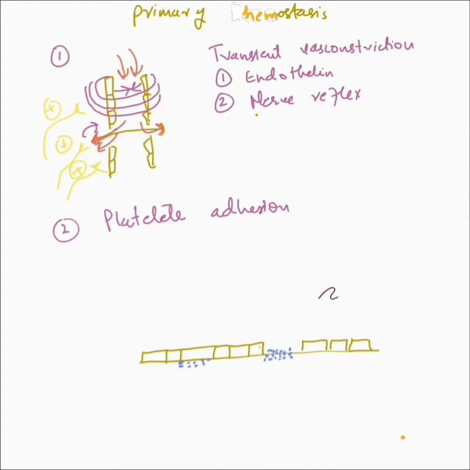When a platelet encounters this damaged area, it has certain receptors on top of it, these GP1B receptors, and they bind to the von Willebrand factor. That is how platelet adhesion occurs.